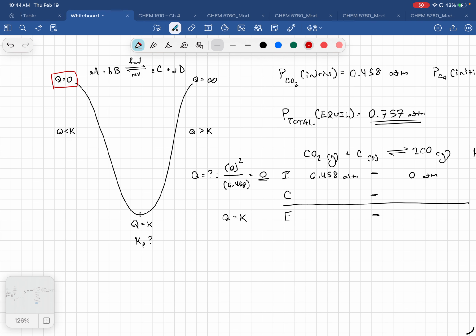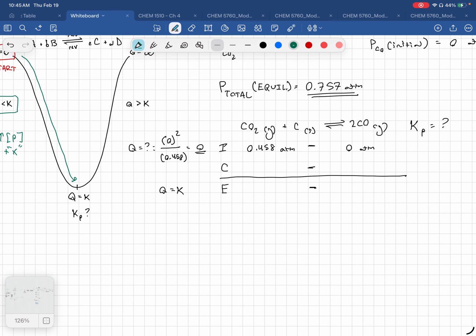So again, we're starting here, which means that Q is less than K, and thus our reactant pressures got to go down, and our product pressures got to go up. Right? We need to make Q bigger. Q is currently 0, and it's going to increase until it reaches Kp.